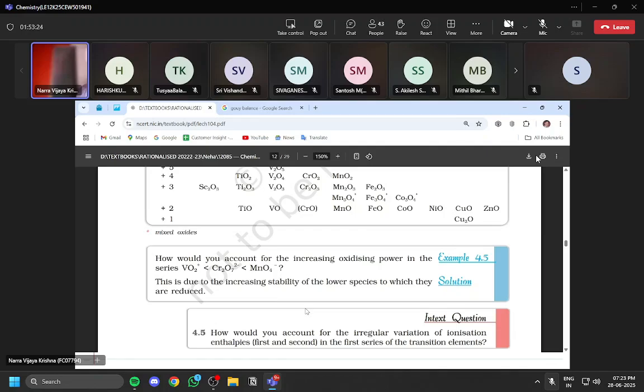It gains electrons more readily because Mn2+ is more stable. Are you able to understand? So why MnO4- is better oxidizing agent means its Mn2+ is most stable. That's why it readily converts into that, and hence it acts as a good oxidizing agent. So I'm writing the same point.